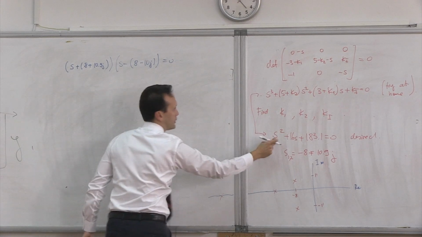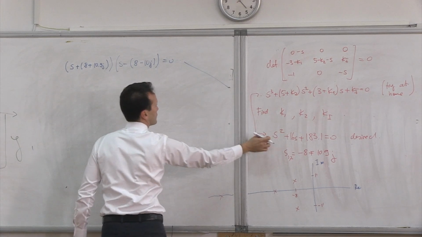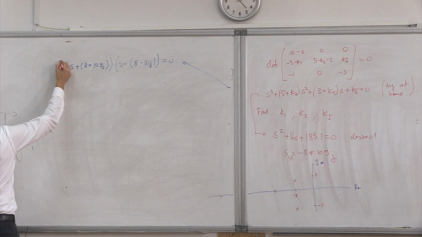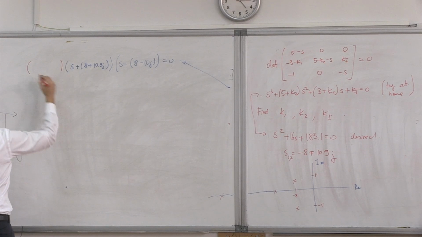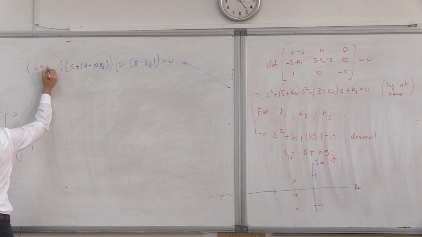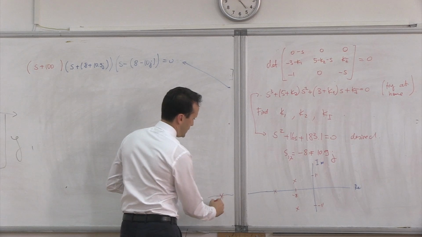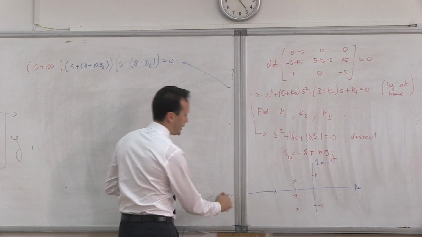Right, it's equivalent to this. This is equal to this. And I'm going to introduce one more root to the system. And I'm going to put it at, let's make it 100. I'm just making this up. Okay? Let's make it minus 100. So that's another root I introduced.